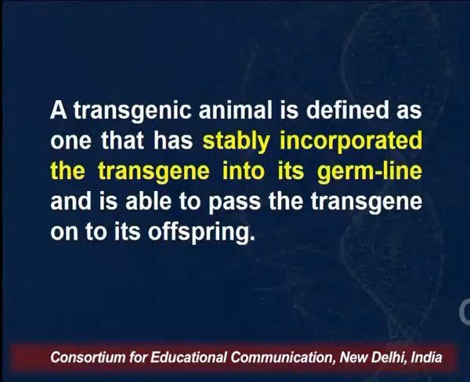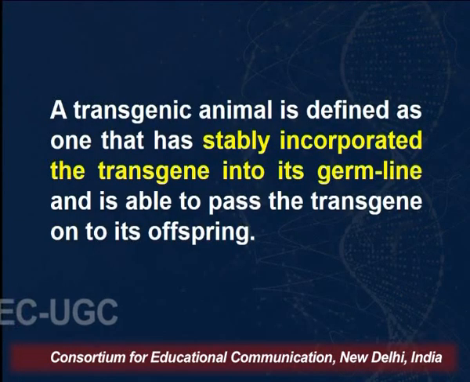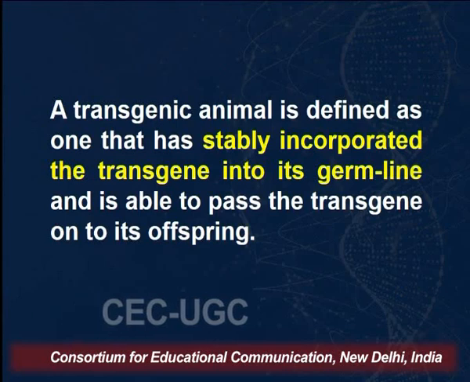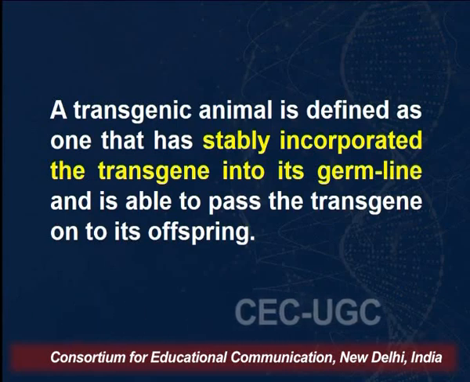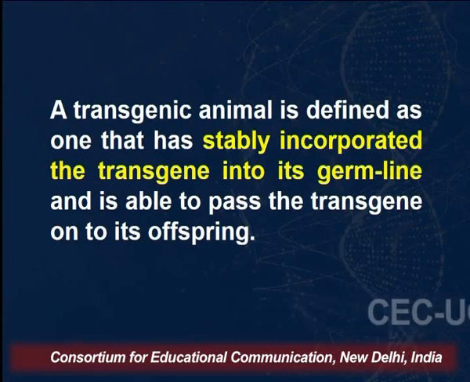For a deeper discussion, a transgenic animal is defined as one that has stably incorporated the transgene into its germline and is able to pass this transgene on to its offspring.